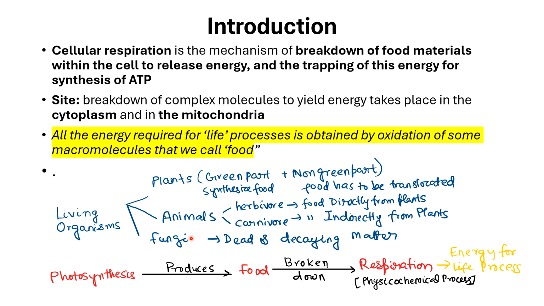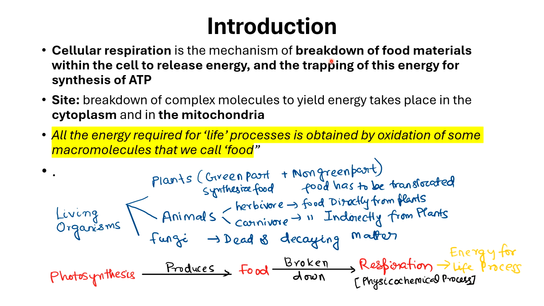So indirectly, whatever food the living organisms take up is directly or indirectly produced by photosynthesis. And this food is broken down and energy is released, which is utilized for different life processes.